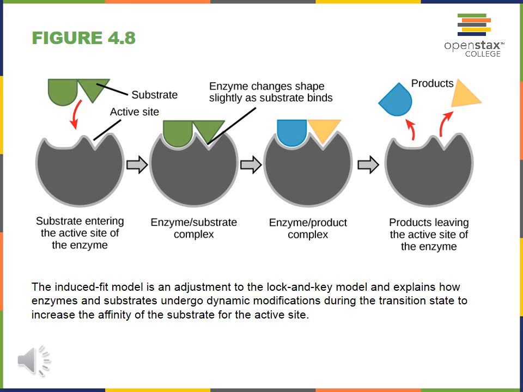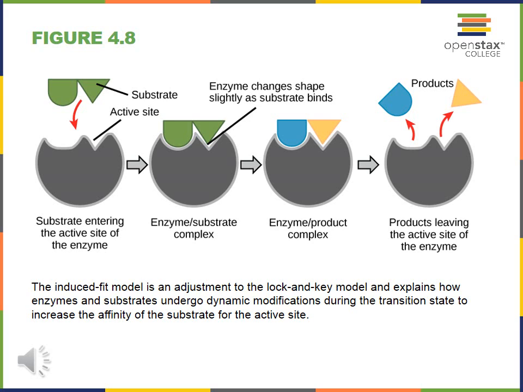The red arrow is showing that they need to go connected to this enzyme at this surface area. The surface area that it's pointing to is called the active site. The active site is the area on an enzyme that accepts the substrates, or that connects the substrates to the enzyme.